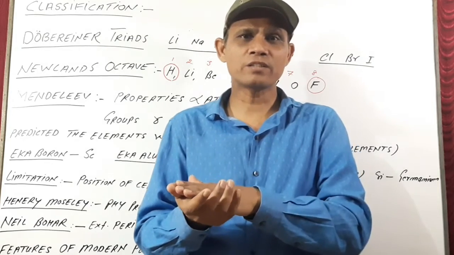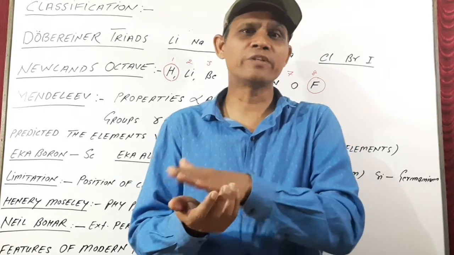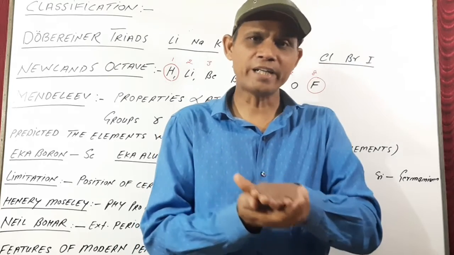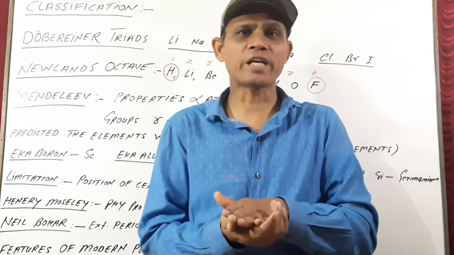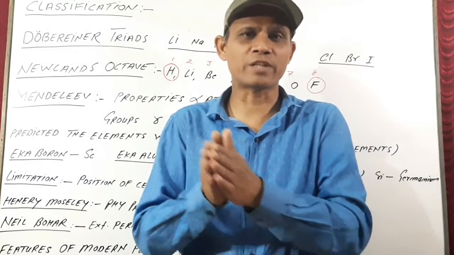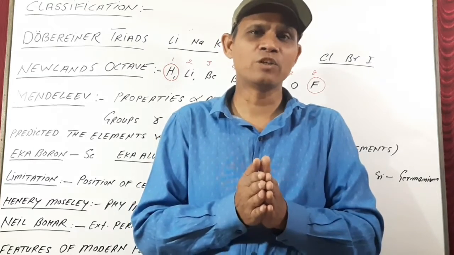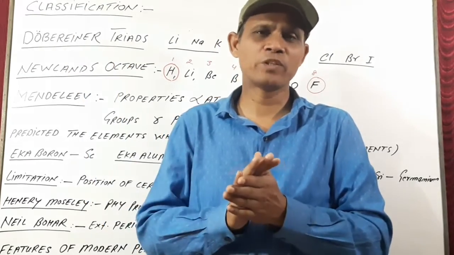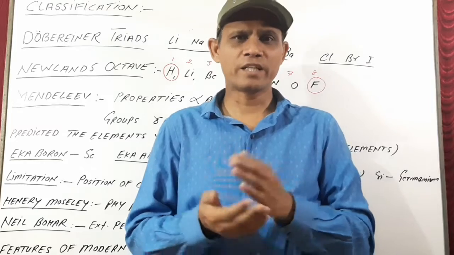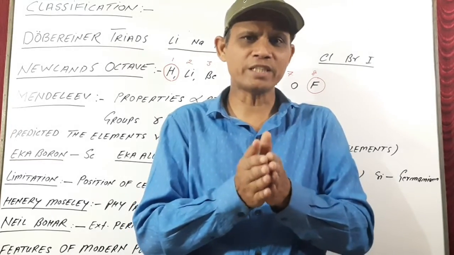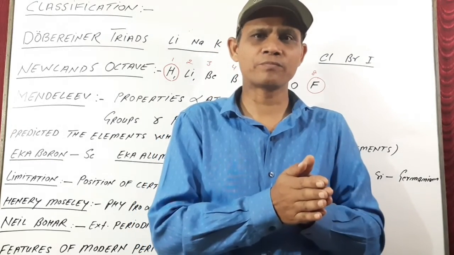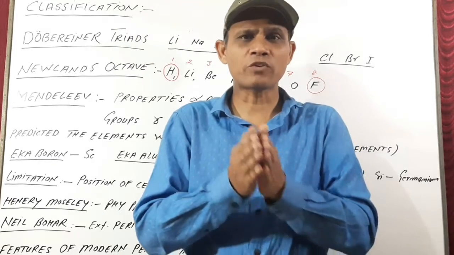This study was done by various scientists. The first scientist who started the work of classification of elements was Dobereiner. What he did, he made sets of three elements and he called them triads.